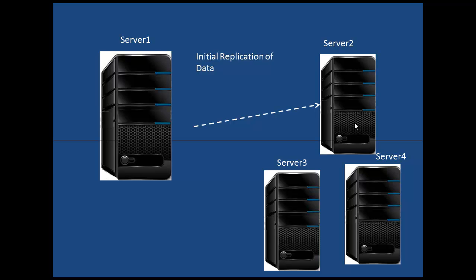And only the changes will be replicated. Because remember, the data goes into a staging folder. And if we're using remote differential compression, only the changes will be synced to the other servers.